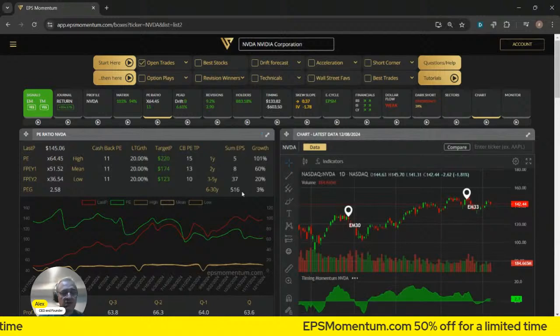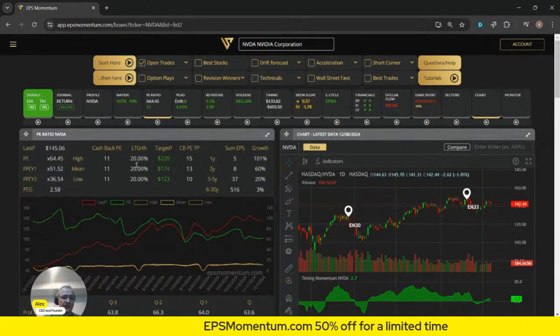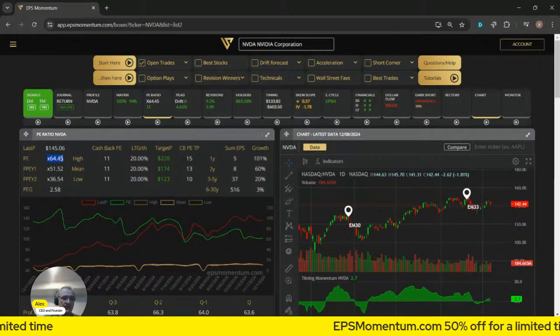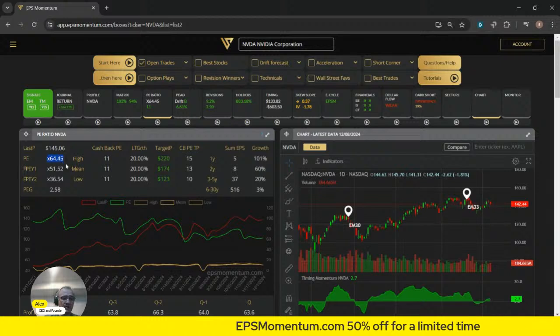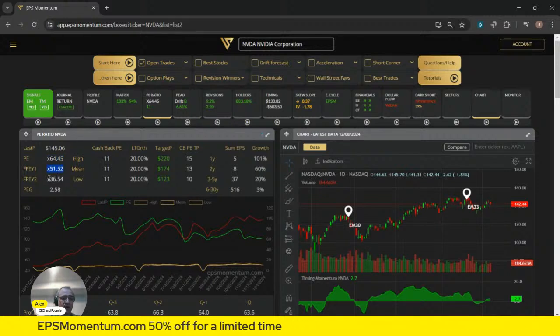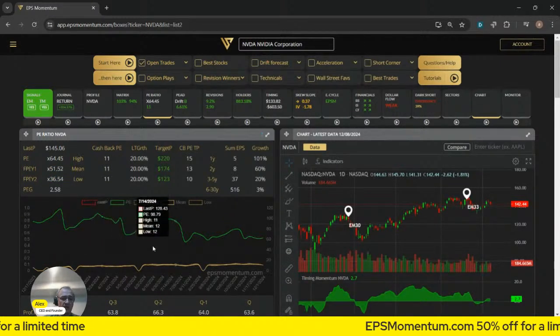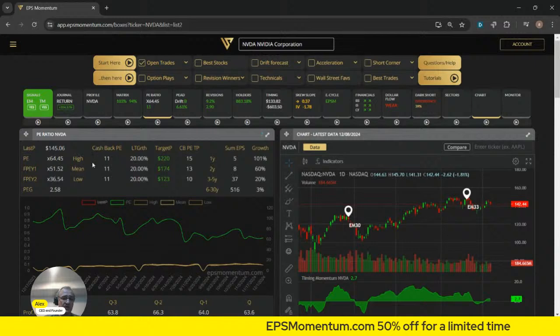Okay. So we have a different view on what a PE should be. The PE ratio you hear on CNBC is 64.45. That's the trailing PE. The forward fiscal year is 51. Year 2 is 36. So fairly expensive, you would say.